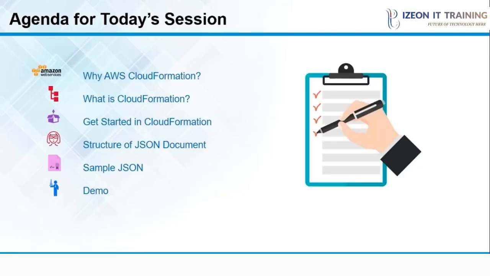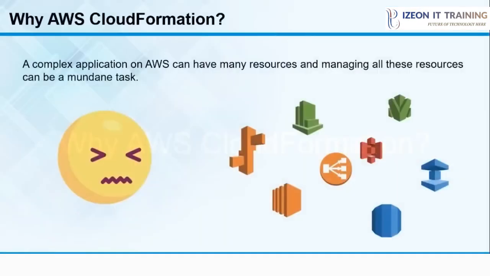Let's move on to the first topic, that is, why AWS CloudFormation. So why do we need CloudFormation? For example, you have an application. Most of you know, and we have done this in the previous sessions as well, that we created an application, right? Now that application is dependent on a lot of AWS resources.